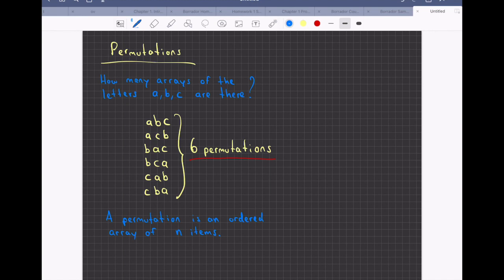So if you have n items and you want to compute the number of permutations for those n items, you can compute it with the next formula. The number of permutations of n items is given by this thing here.